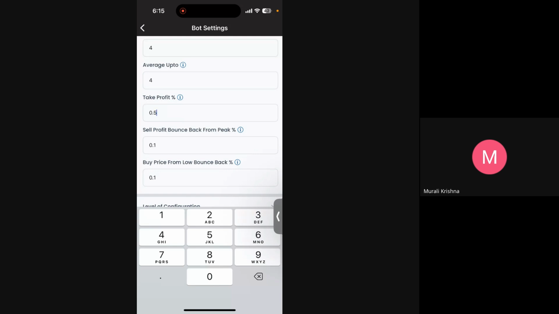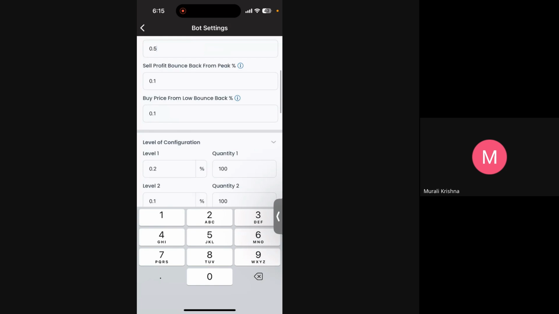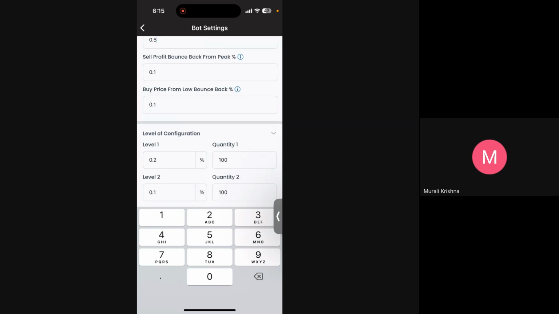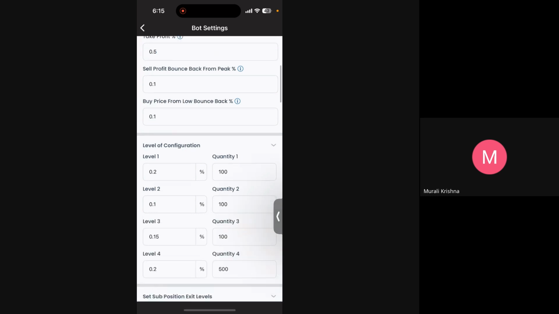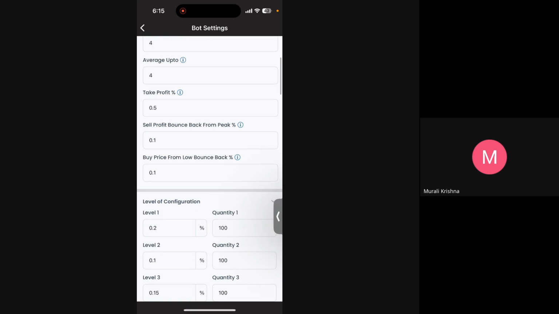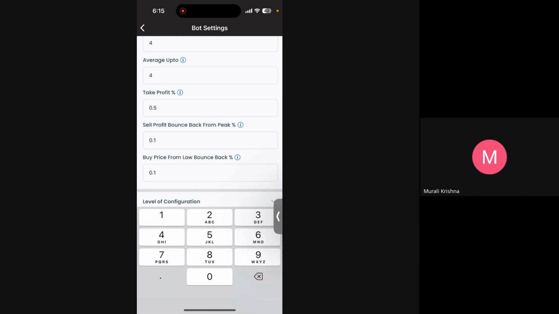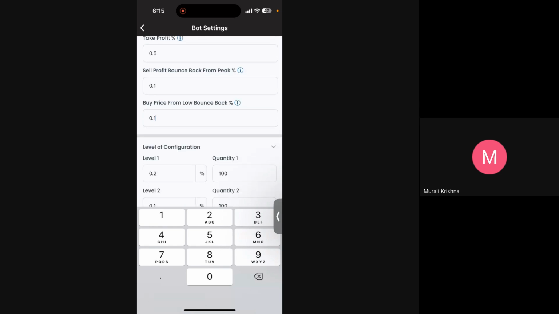So sell profit bounce back from the peaks. That means once it is bought. First level buying is at 0.2% down, 100 shares. And it will buy only when there is a buy price from low bounce back. So if it falls down by 0.2% and recovers by 0.1%, that is where your 100 shares will be bought.